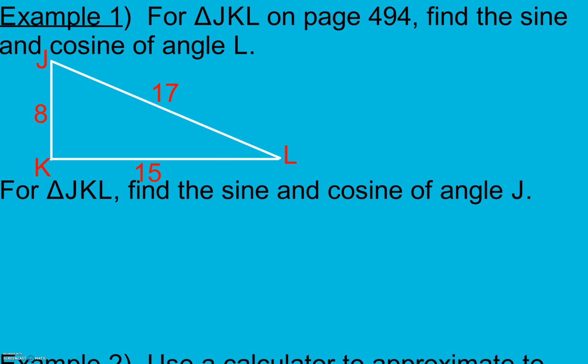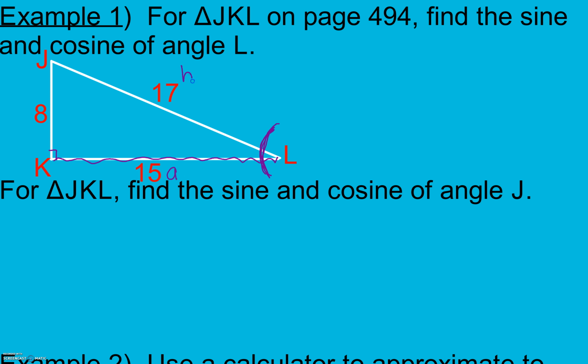In example 1 here, we're going to use triangle JKL on page 494, and I have a sketch of it here to find the sine and cosine of angle L. So from angle L here, we need to figure out our opposites, our hypotenuses, and our adjacents. From L, the side that's part of our angle and part of our 90 degrees, that's our adjacent side.